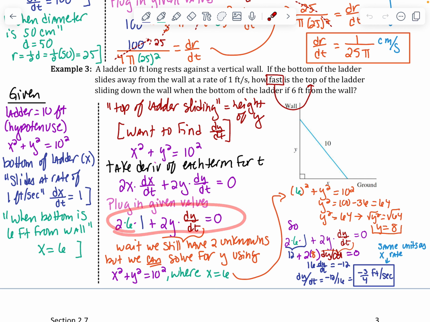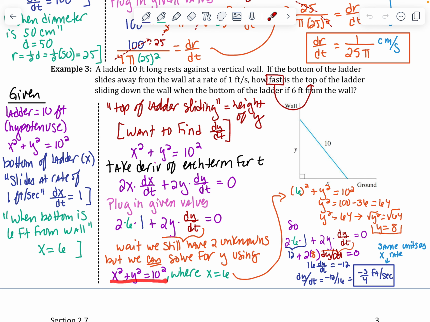Now, this gives me this line, and obviously I can multiply the 2 and the 6 to get a 12, but the problem is, when I look at 2y times dy/dt, I still have two unknowns. So we can't solve for dy/dt until we have a value for y. But we can figure out what y is.